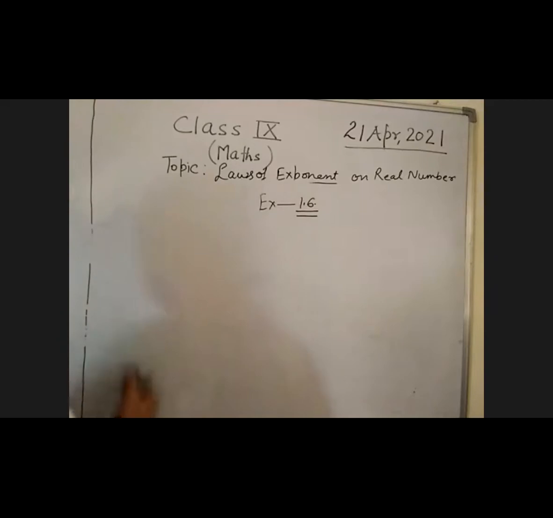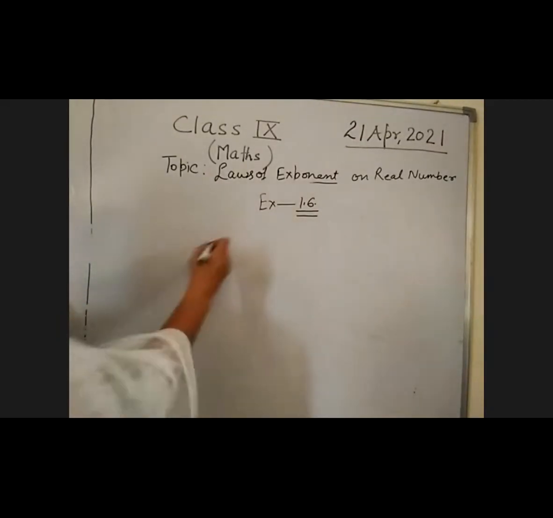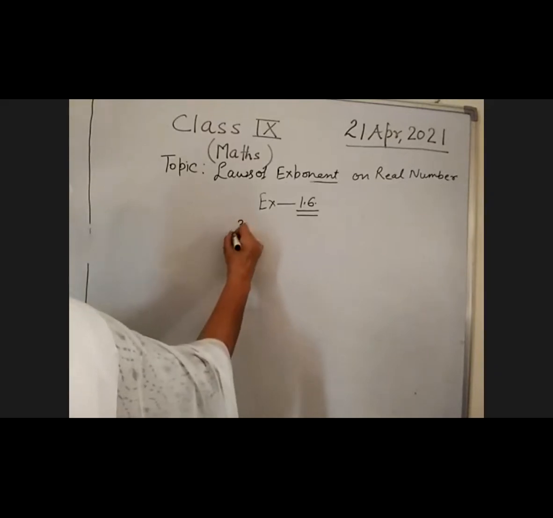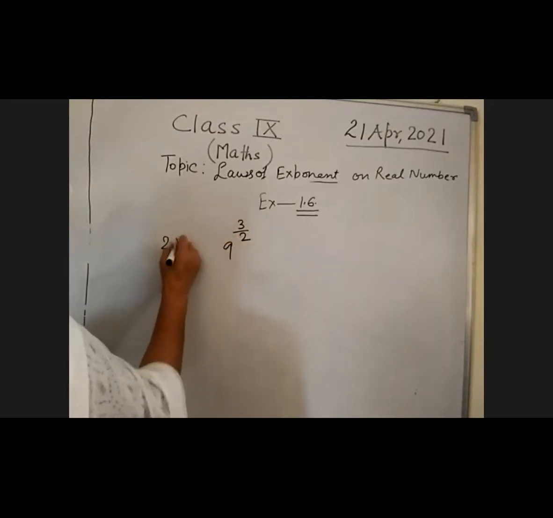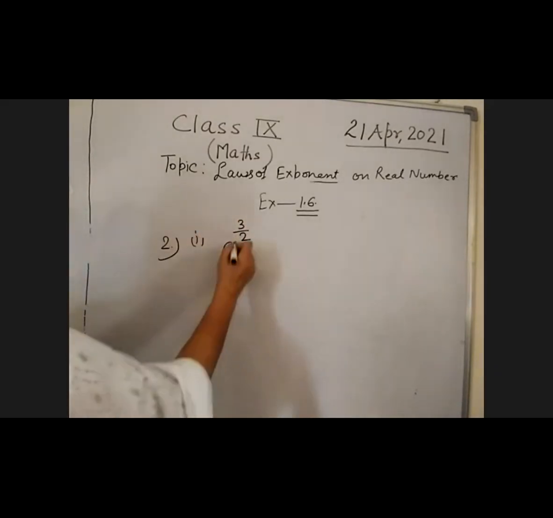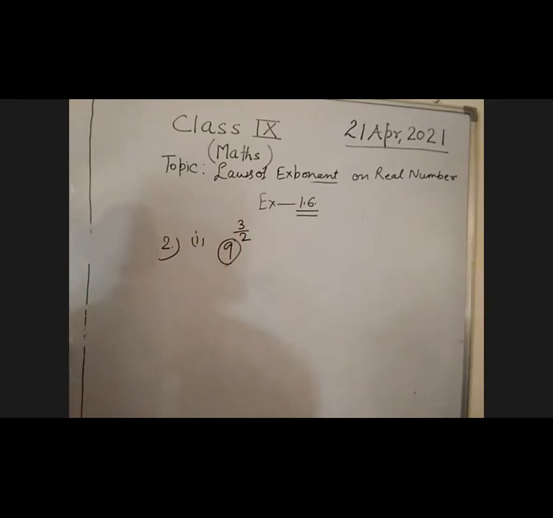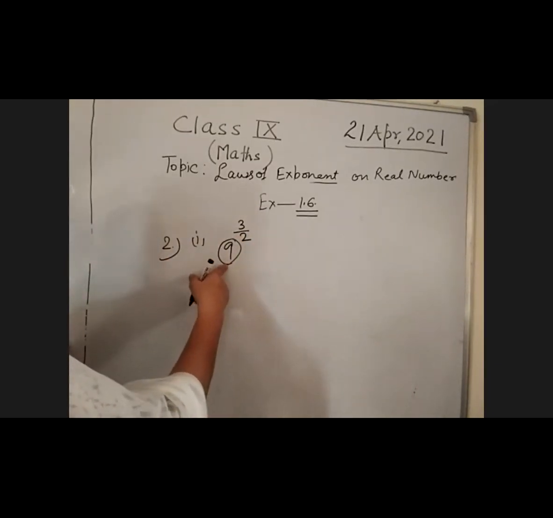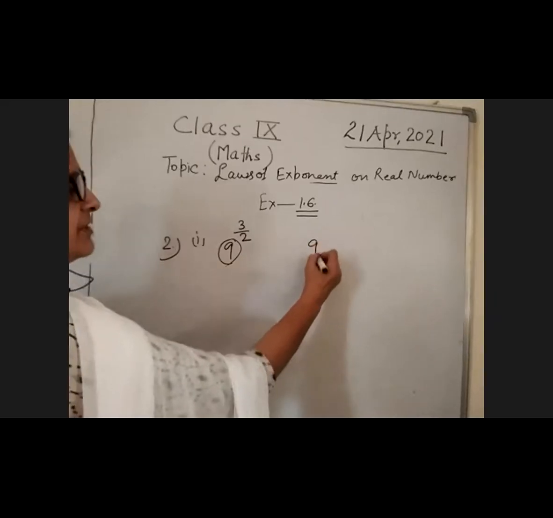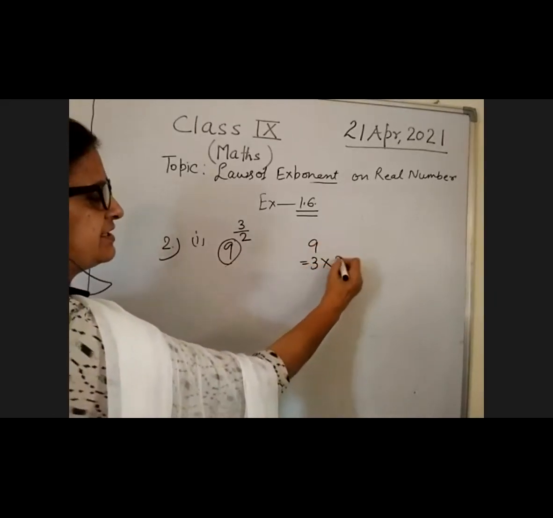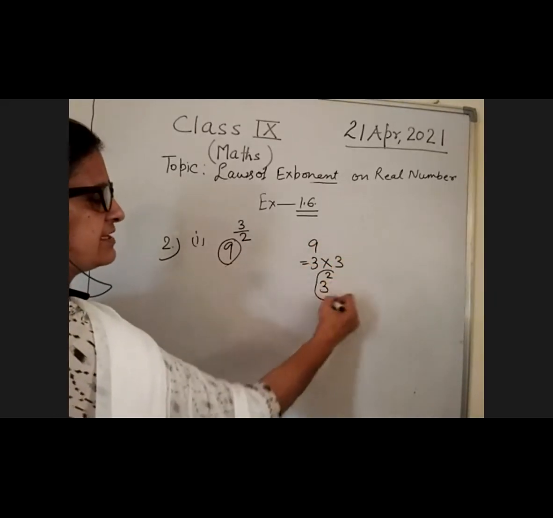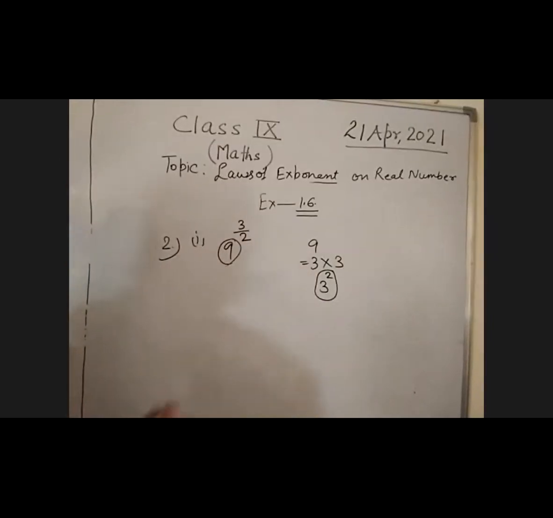One more question I am taking. 9 raised to the power 3 upon 2. You will first take the prime factorization of 9. Prime factorization of 9 is 3 into 3. It means you can write it like this: 3 raised to the power 2.